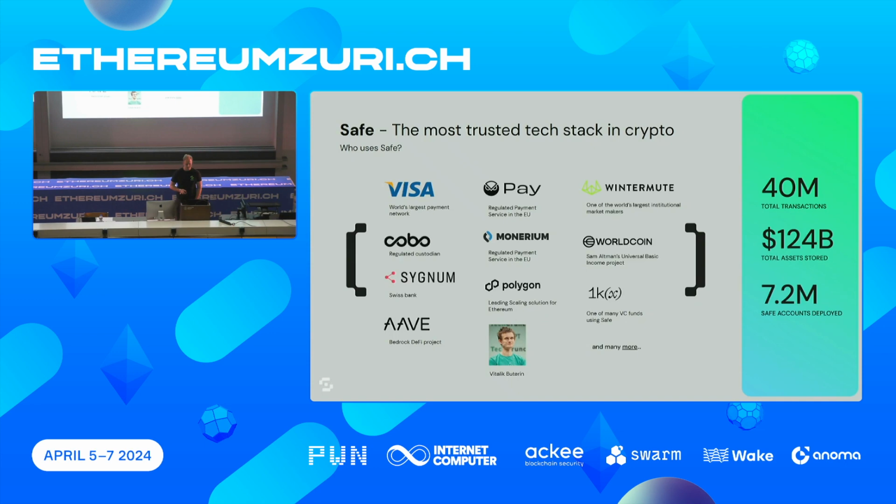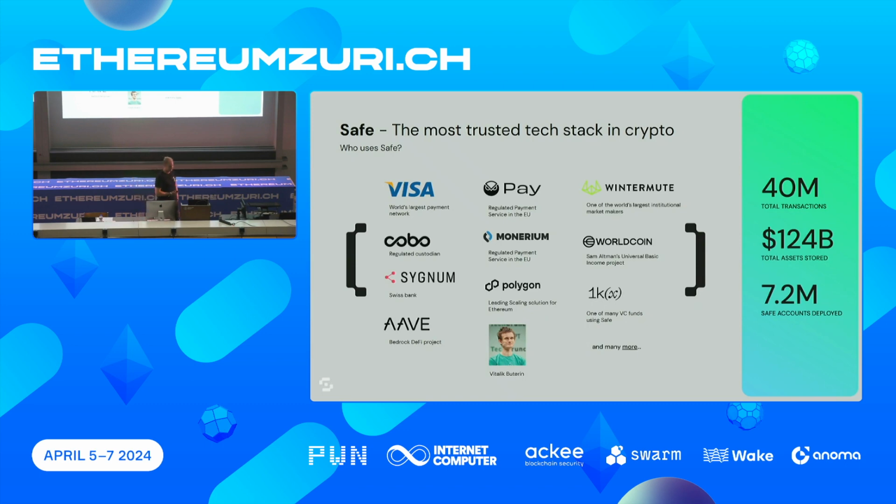So quickly about Safe. These are some slides someone in the team put together. It's more like logo dropping, but it serves the purpose of showing that Safe is quite flexibly used today. That ranges from DAO treasuries that run on Safe, like AaveDAO, or venture capital funds like 1kx that use it to store their digital assets, but it's also individuals like Vitalik Buterin himself, usually high net worth individuals, people who use high security solutions.